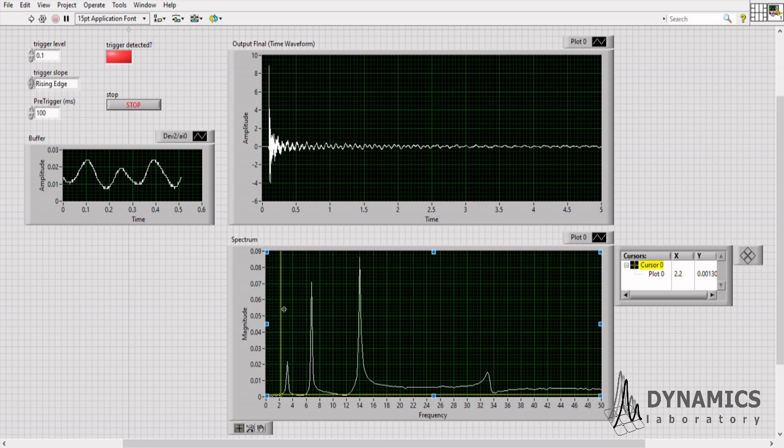There are four spectrum peaks. The first one is a peak at 3.2 Hz. The second one is a peak at 6.8 Hz. The third one is 14 Hz. And then the last one is 33 Hz.